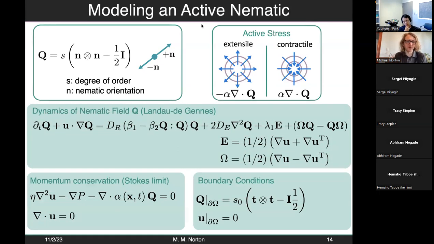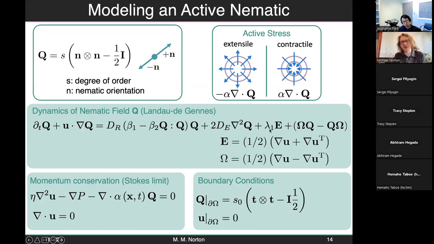I'll try to go through this in a way that's helpful, but please, if there are any questions, let me know. We have an evolution equation for Q that includes both hydrodynamic and thermodynamic contributions. So we have convection, and we have a flow orientation E, which is given by the symmetric part of the flow gradient.